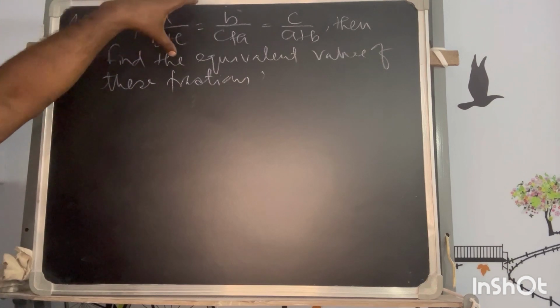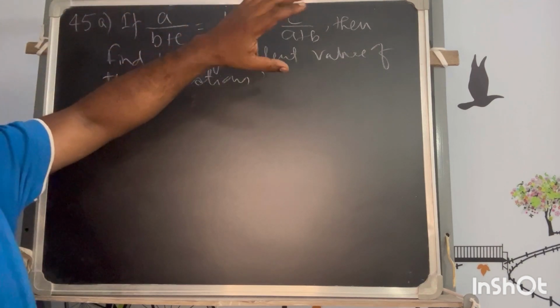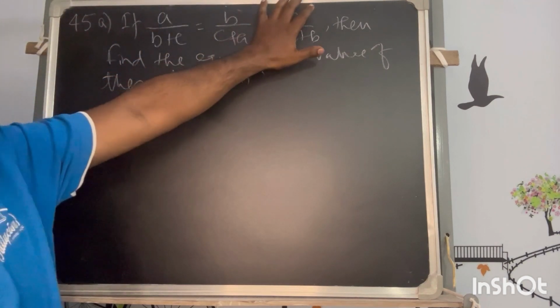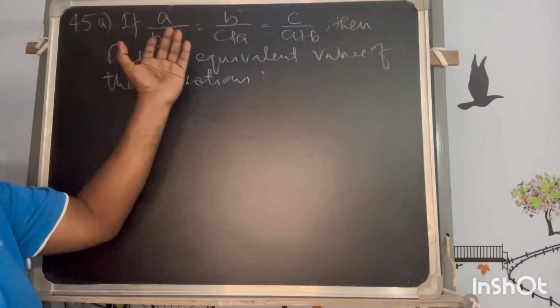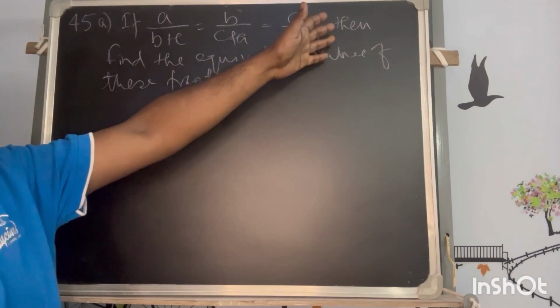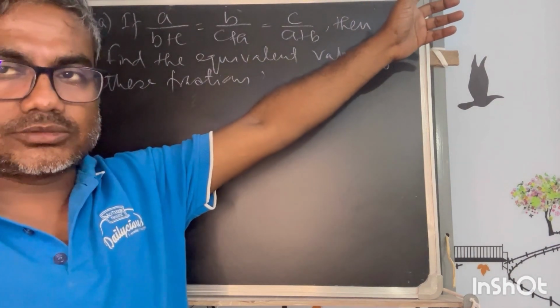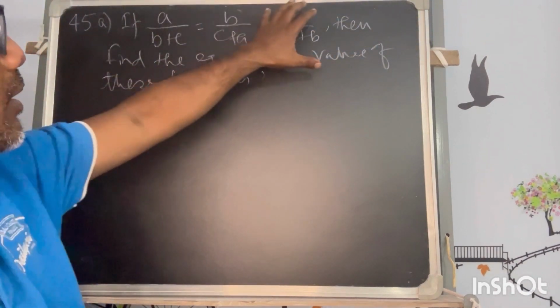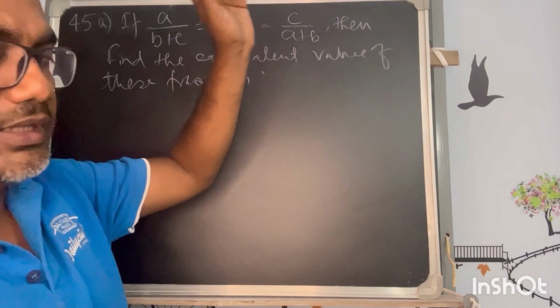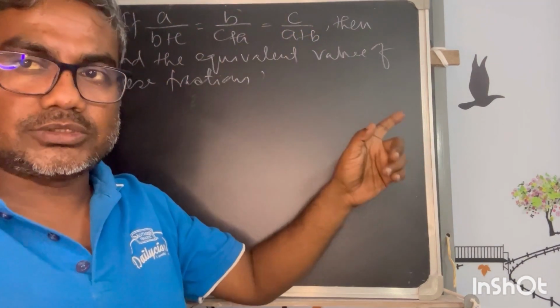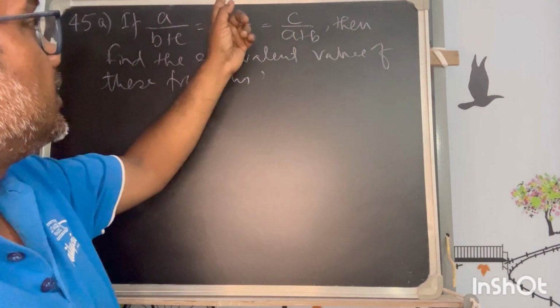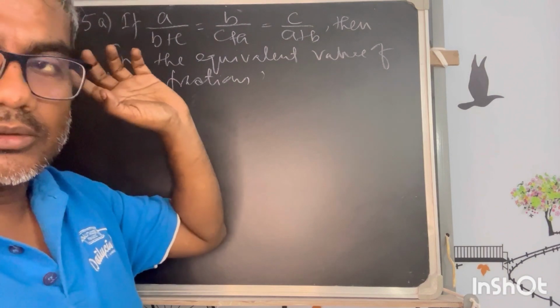Now during discussion of the corollary, I have given this kind of example where this is equal to some value for some condition. So that if these are equal, there I proved if A plus B plus C is not equal to 0, then A is equal to B is equal to C. Okay.